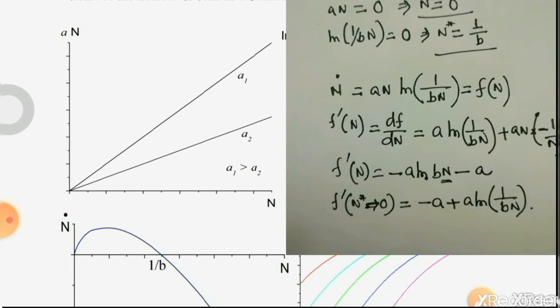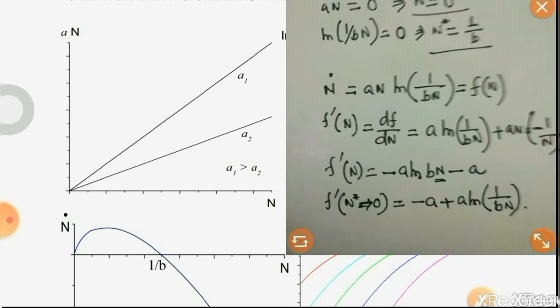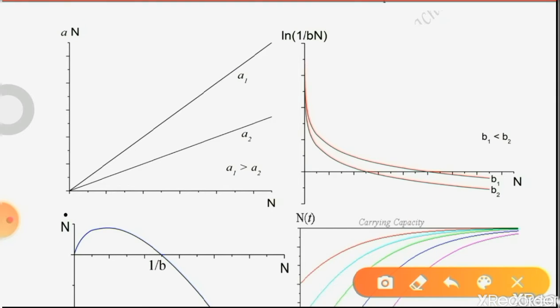If we see the graph, we can see that when n tends to 0, ln(1/(b n)) has a very large positive value.